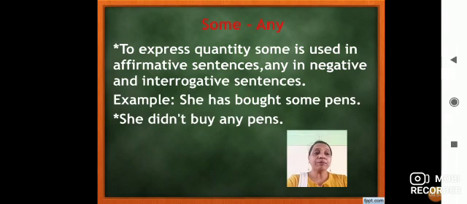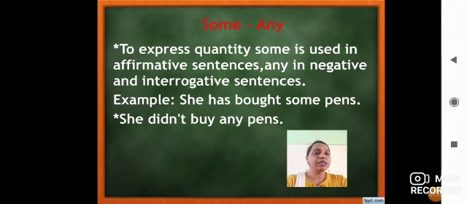When your intention is to say yes to the person, in some cases you will use some. And if your intention is to say no and you expect the answer no, and when your sentence is in the form of a question, in such a case you will use any.